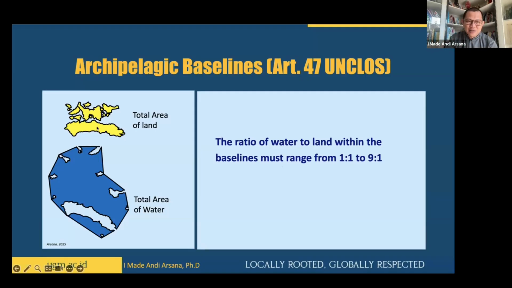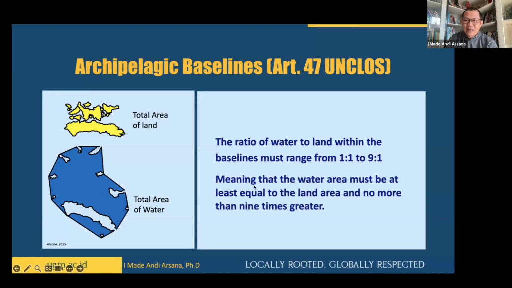So if you calculate all of them, the total area of this blue water is maximum 9 times of this area of land, right? So the water area must be at least equal to the land area and no more than 9 times greater. So this is number two.